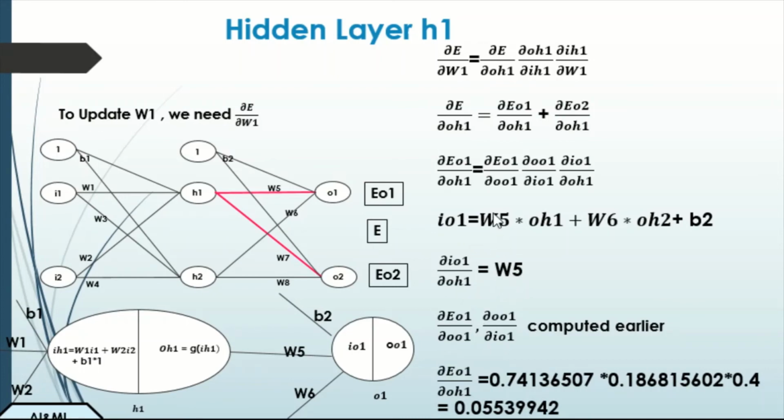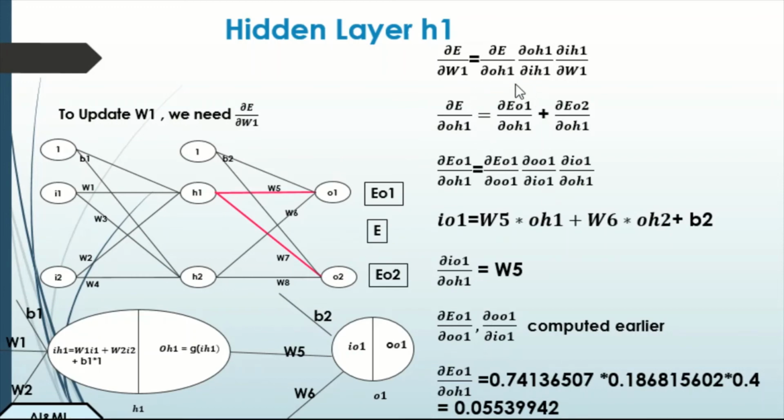And we have computed the earlier terms when we were doing the derivative of error with respect to W5, so we will use those same values. Putting all these three values together, we get del EO1 with respect to del OH1. By putting all the three values in this formula, we get the value as 0.055.